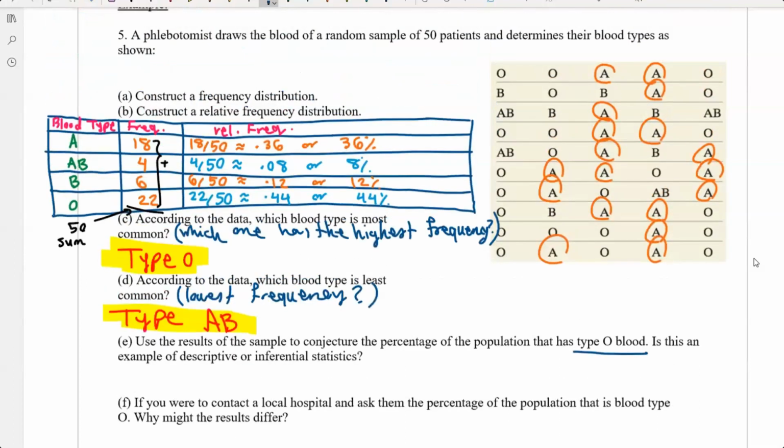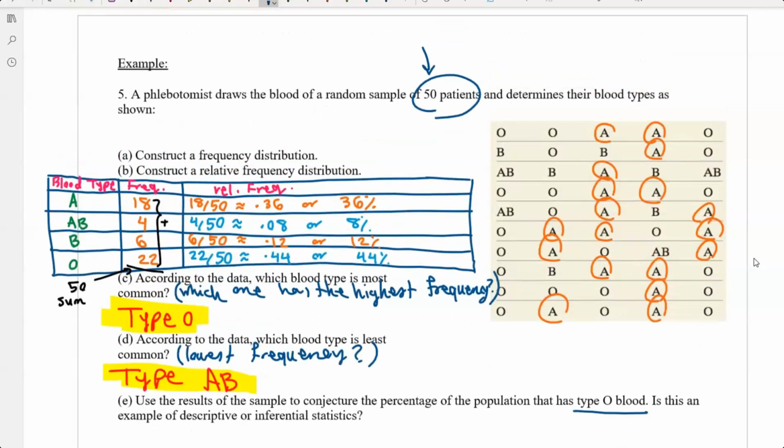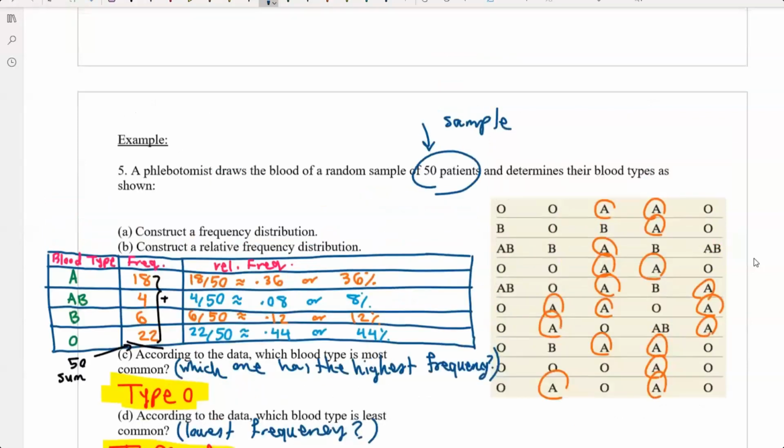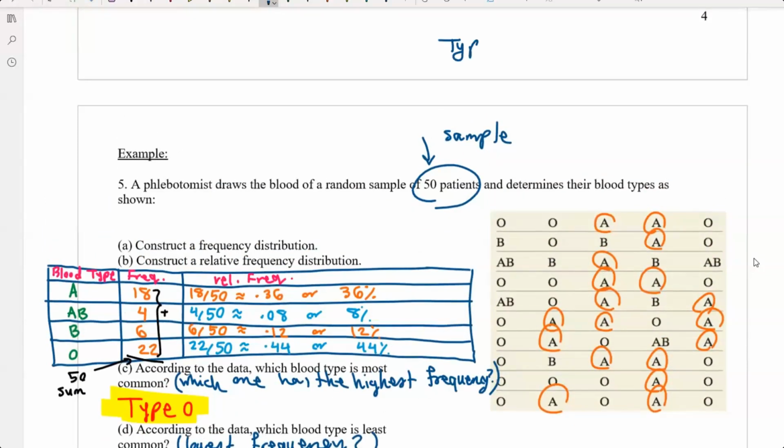So this is the sample that we have, and here we work based on the type of blood. For that one, we got the relative frequency of 44%. But this 44% is not for our population. This is for 50 patients, and these 50 patients were our sample. So we have type O blood, and for that we got 44%.